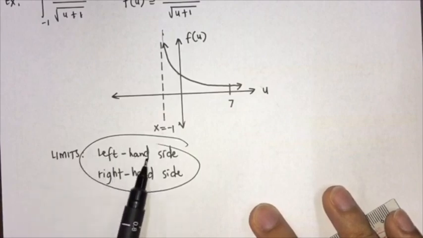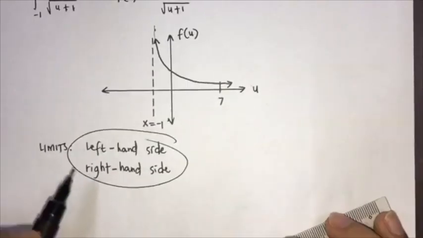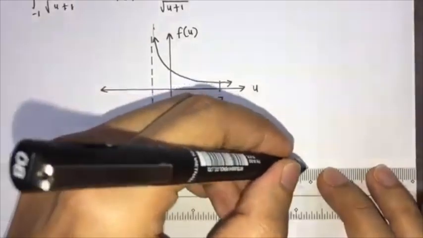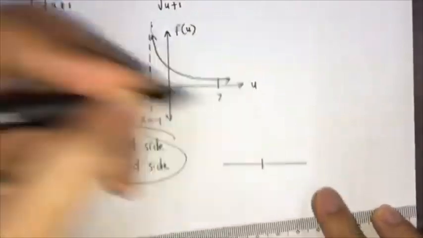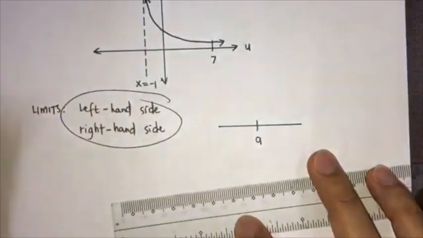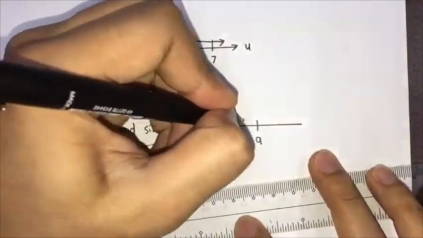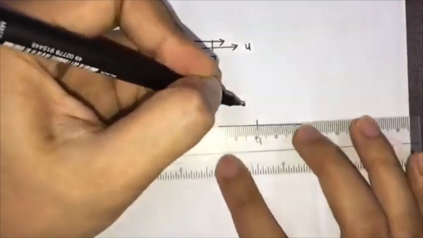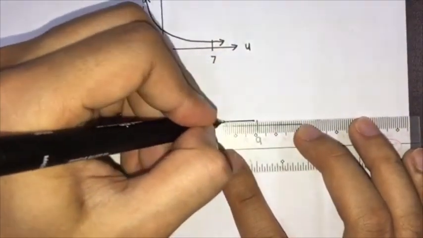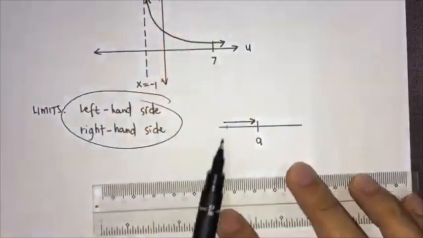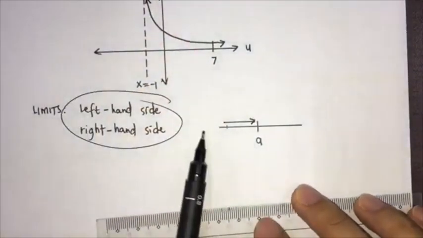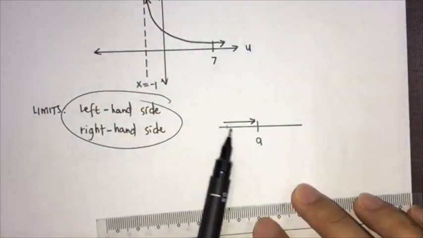If it's left hand side, it means it approaches a certain value from the left. Say this is a. If it's from the left hand side, the limit approaches a from the left side.